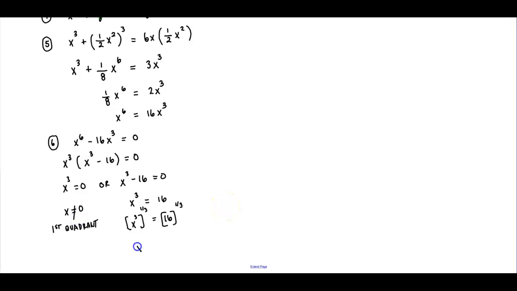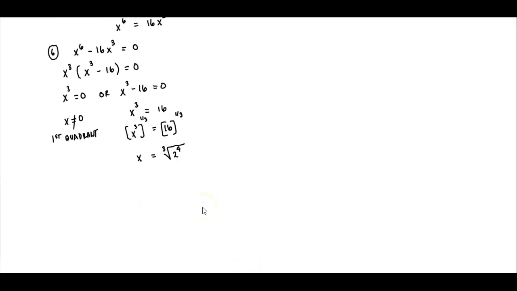So x is the cube root of 16. Remember that 16 is the same thing as 2 to the 4th power. If we rewrite this as a fractional exponent, this is the same thing as 2 to the 4/3. So that is the value of x.